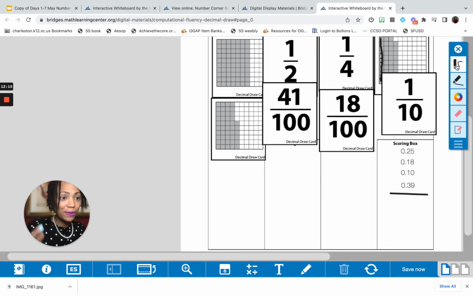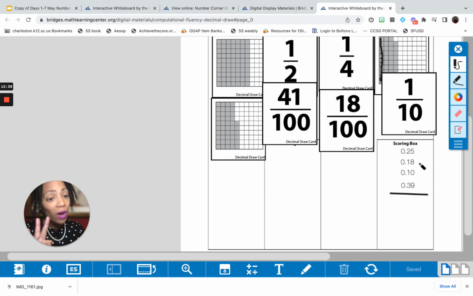Alright, so here's my number stacked. And I did pause the video so I could do that really quickly. Now I'm going to do some addition. I have 9 hundredths, 8 hundredths, and 5 hundredths. So here's how I'm thinking about that. I know I have a 5 within that 8, so that's 10, right? That leaves me 3 more of the 8.